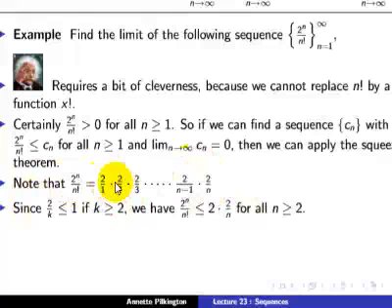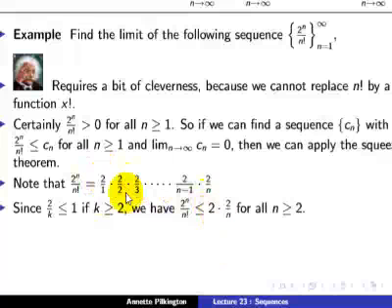If n is greater than or equal to 2, you can prove this one by using mathematical induction. You don't need to, and this one is trivial, right? So this term is less than or equal to 2.